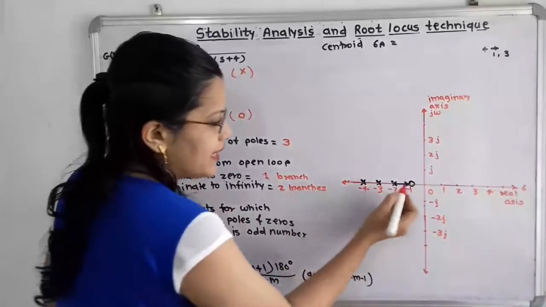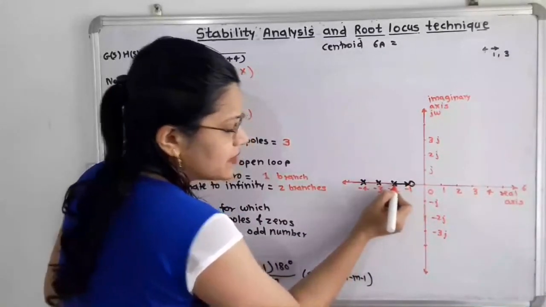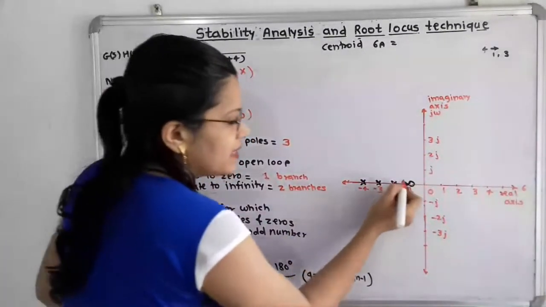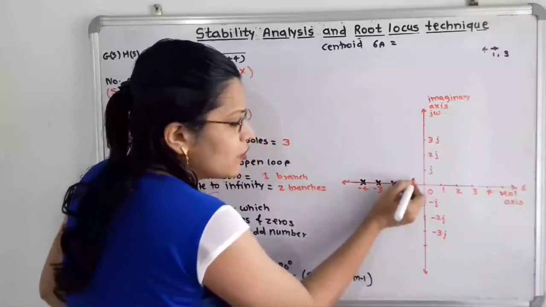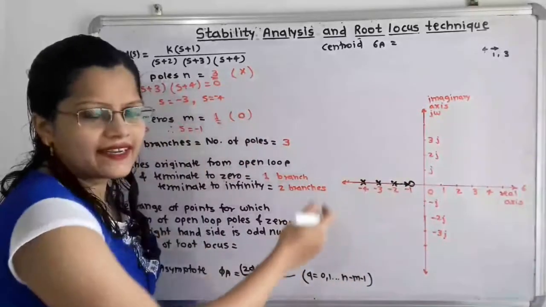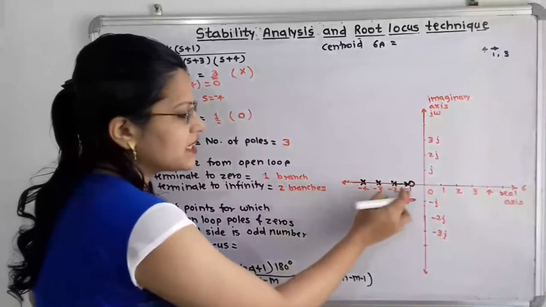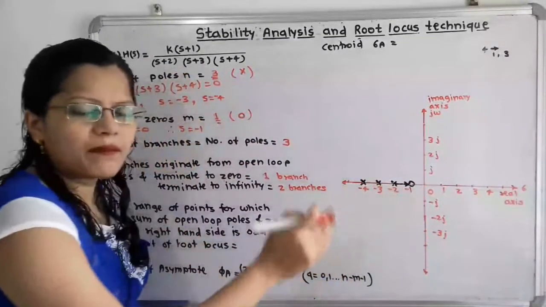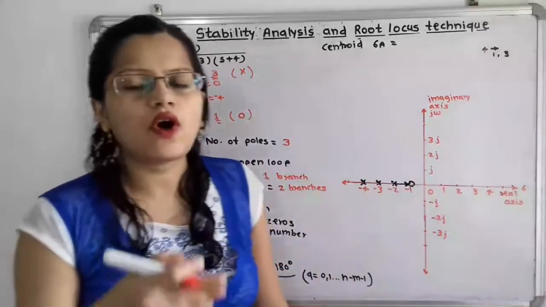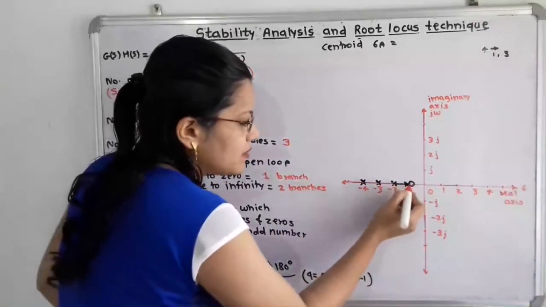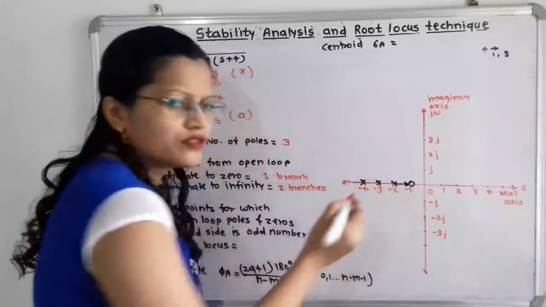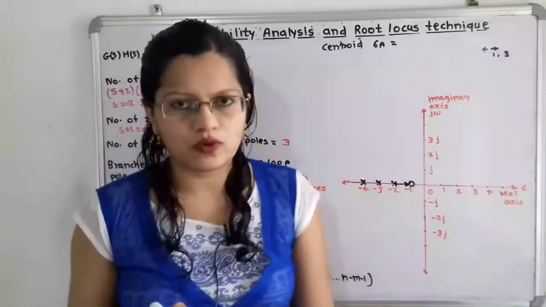If I take a point in between -1 and -2, any point in between -1 and -2 has only one zero to the right hand side. So this is the range between -1 and -2 which has an odd number to the right hand side. So each point in between -1 and -2 is part of the root locus.